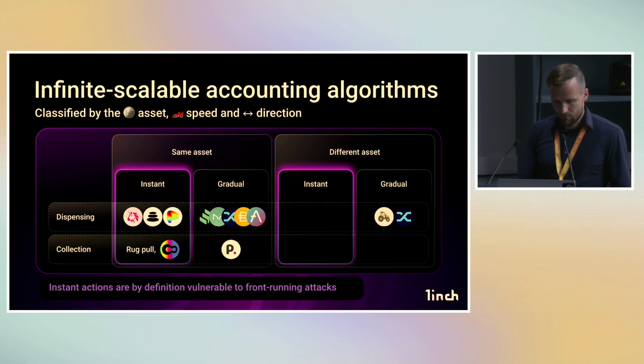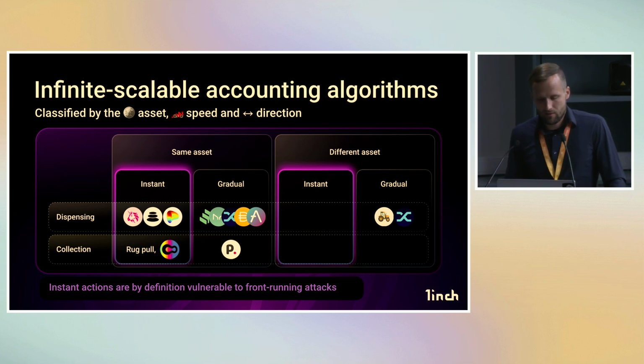So yeah, one more point here is that whenever you see something happening instantly inside a blockchain, there is room for manipulation, and by default those protocols are vulnerable to front-running and sandwich attacks.